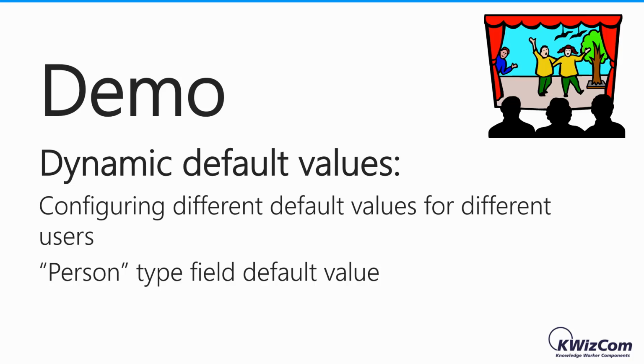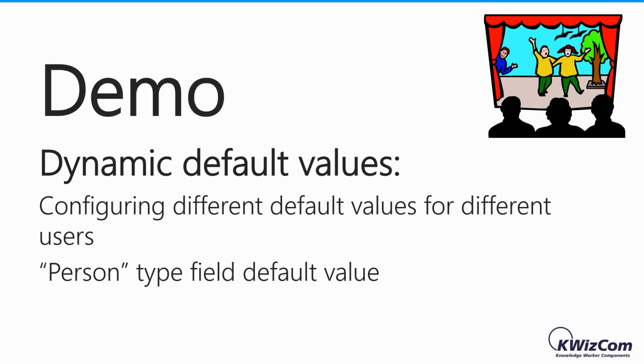Another dynamic option is to configure a field default value that is based on another field's default value. For example, you can say, I want the end date, the due date field default value to be equal to the start date's default value plus 5 days.